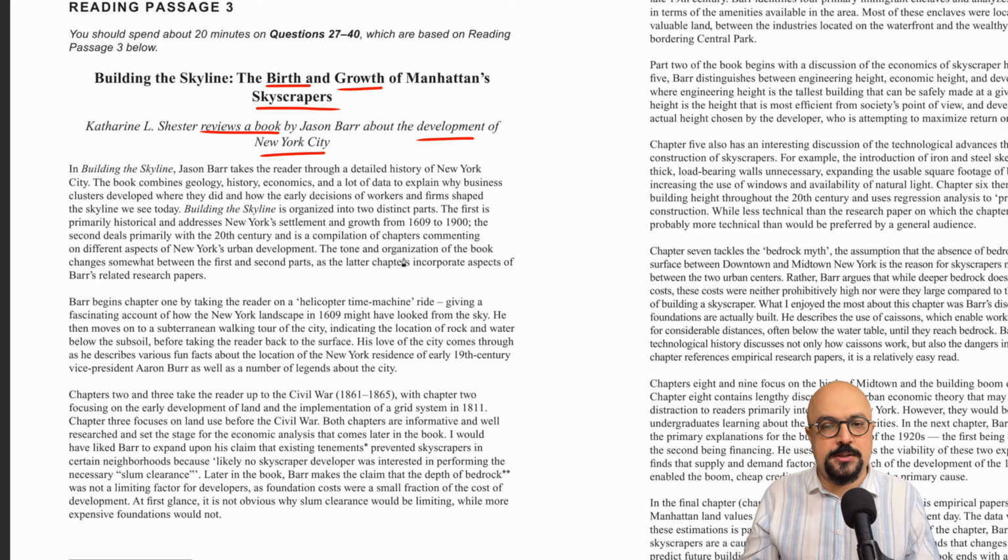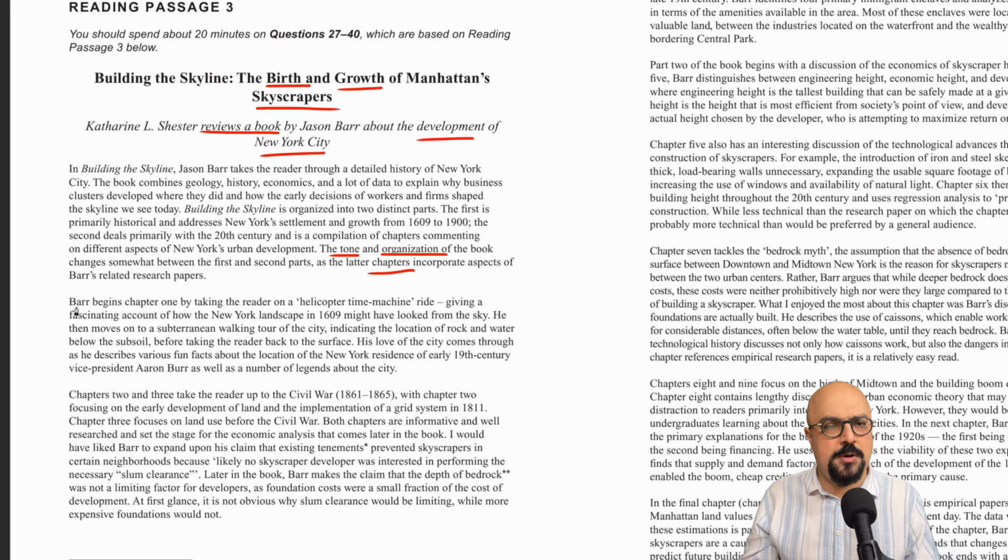The tone and organization of the book changes somewhat between the first and second parts, and as the latter chapters incorporate aspects of Barr's related research papers. Okay, it's clear that the article is going to look at how the book is organized, its tone, and the chapters, what is in each chapter. Okay, that's pretty much what we need to know for now.